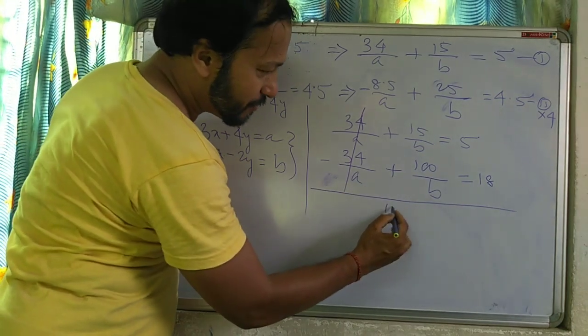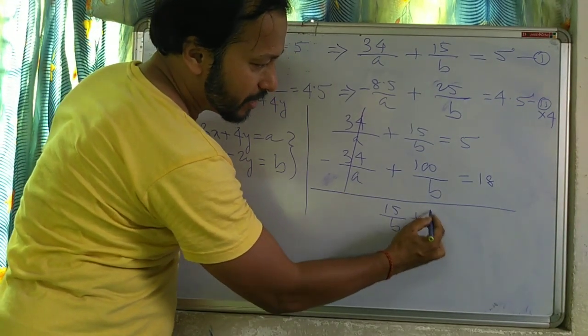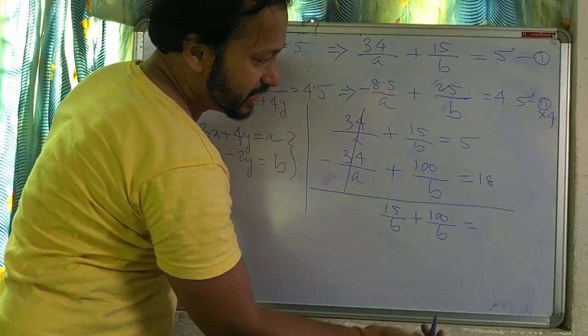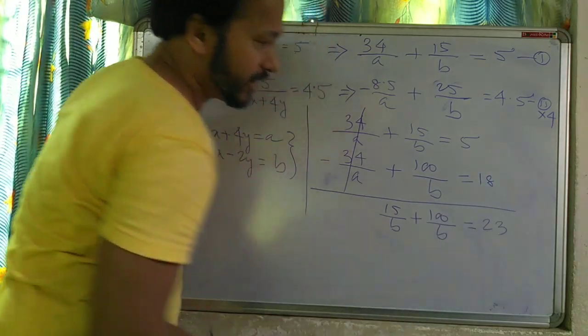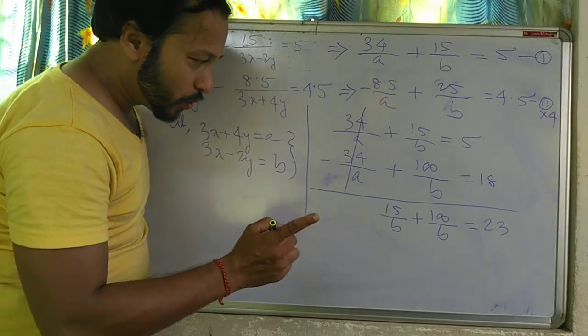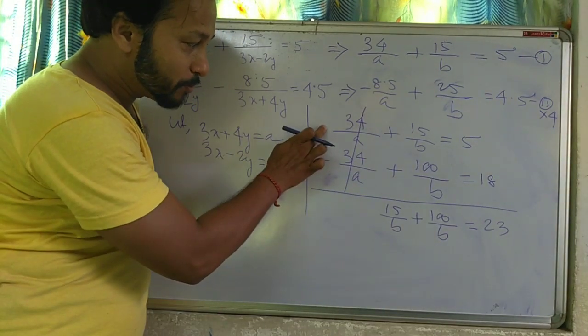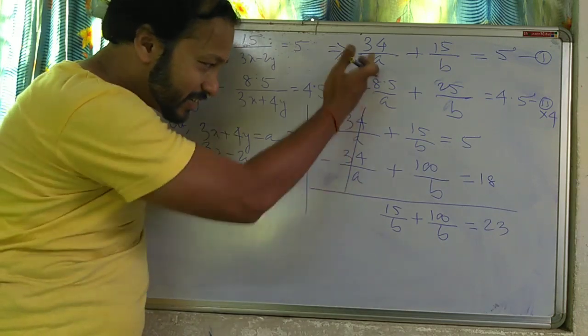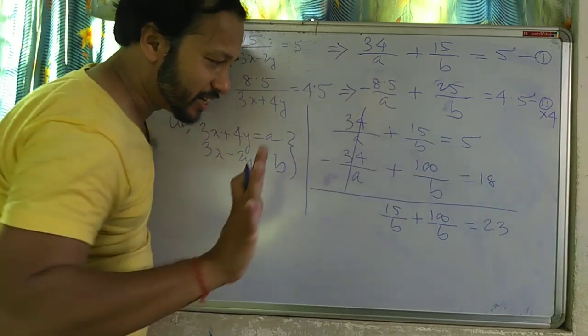So we are getting 15 by b plus 100 by b equal to 5 plus 18, that is 23. As I told you, this is plus, this is already in minus, so why change it? Just cancel. No need to change any sign.